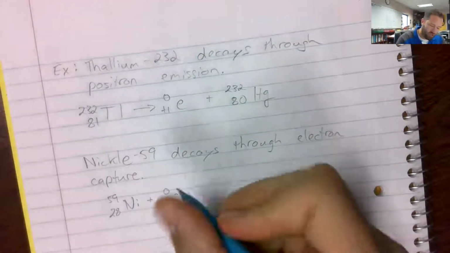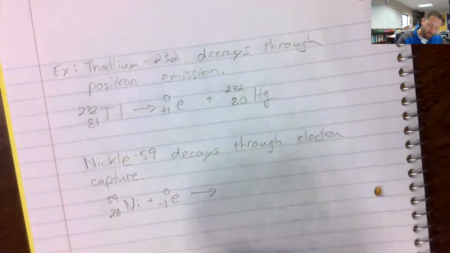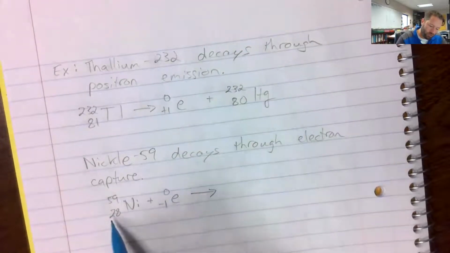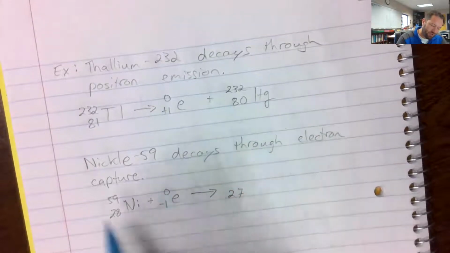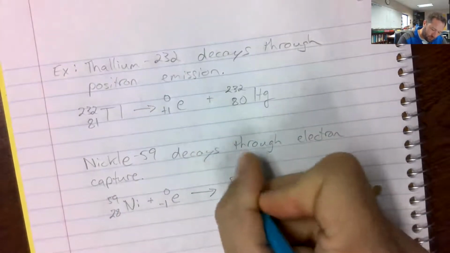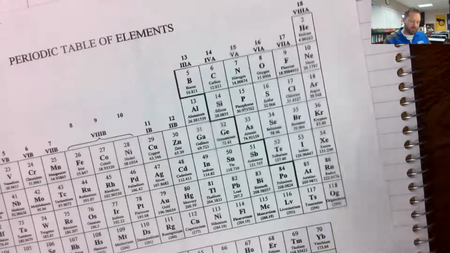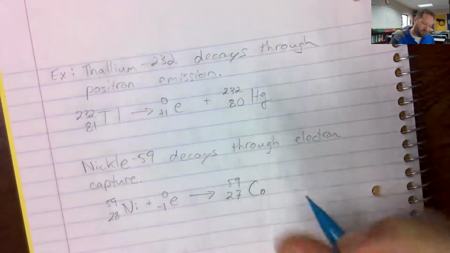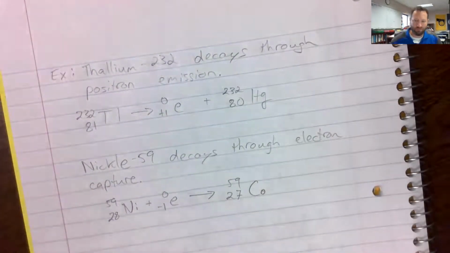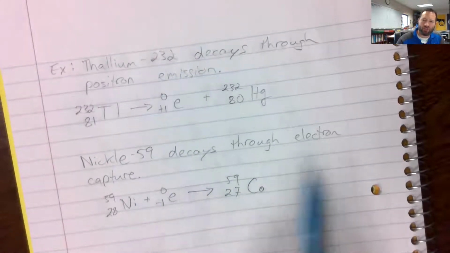It's being captured. These two combine now to form, well, 28 plus -1 is 27. 59 and 0 is still 59. So find element 27. There it is. Cobalt. CO. And there's our first electron capture.